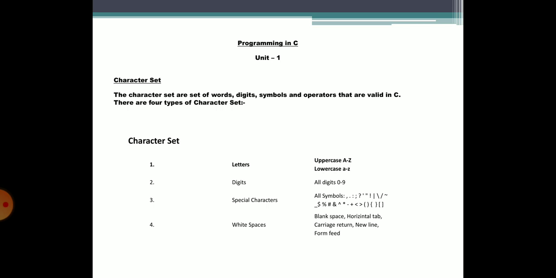Thus, it lets the user think of a problem in terms of functions, modules, or blocks. That means a program can be split up into modules and developed in a modular way using the C programming language. This modular structure makes program debugging, testing, and maintenance easier.